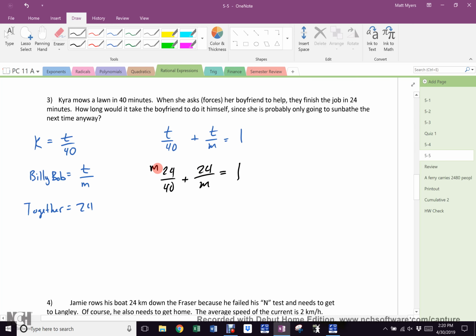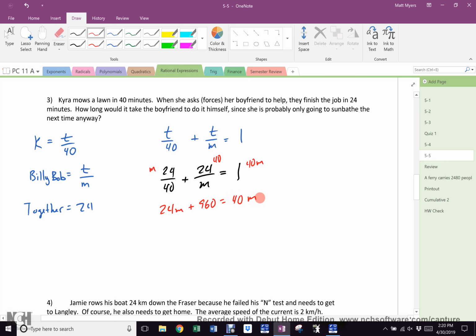So, this needs what? M. Oh, I should change color. This needs what? M. This needs what? 40. This needs what? 40M. What do I get? 24M plus 960 equals 40M.